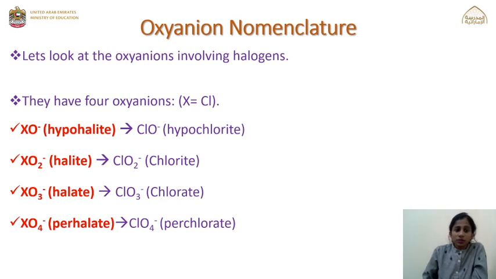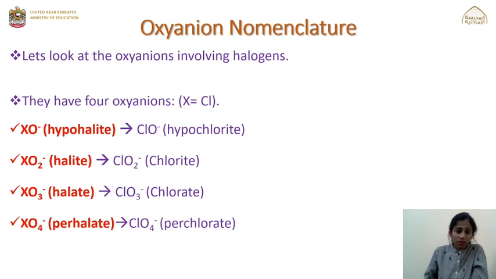Oxyanion nomenclature. If you look at the oxyanions involving halogens, there are 4 different types of oxyanions. If you look at the list of the oxyanions for halogens, you can see a pattern. By remembering this pattern, you can also memorize the names.